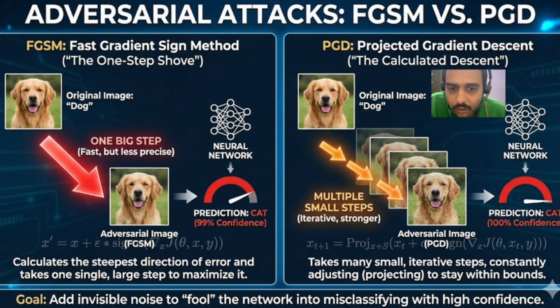So it's a multi-step method, unlike the previous one. It's like carefully changing the painting with a brush. With the previous one, we just threw a bucket of water on the painting. Here we know the painting, and we manipulate it pixel by pixel at different locations to actually change it.